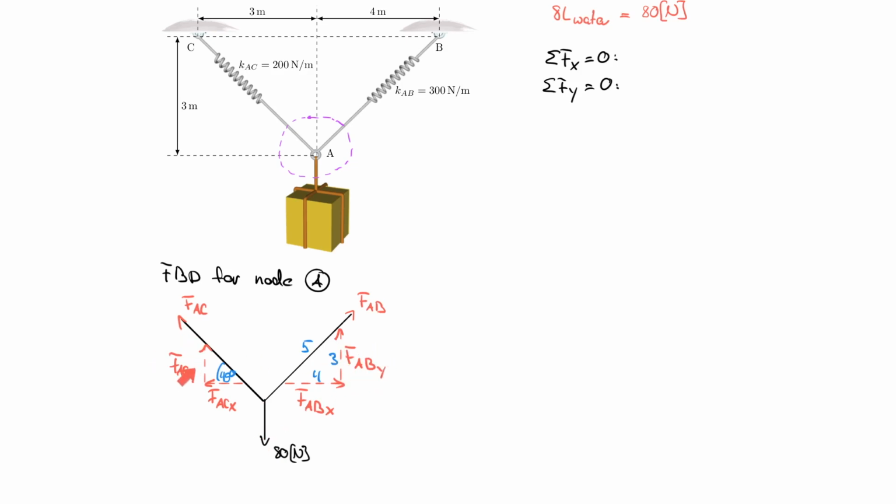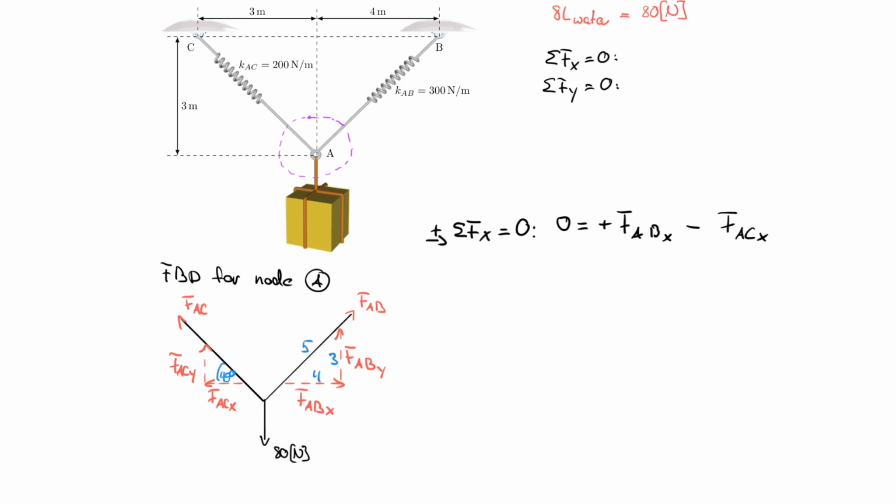FABY and FACY. So that equation would read plus FABY plus FACY minus 80. Whereas the x direction is similar to what we've seen before. Let's write down the x direction first. The sum of the forces in x is equal to 0, positive to the right, so 0 is equal to plus FABX minus FACX.